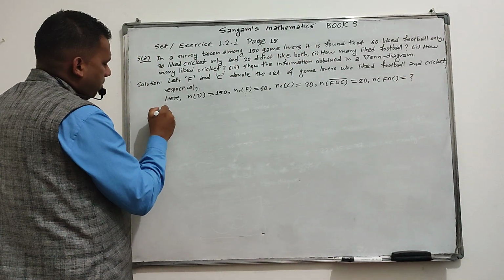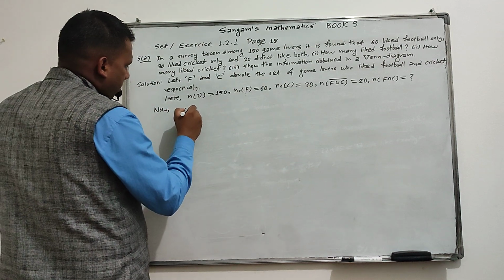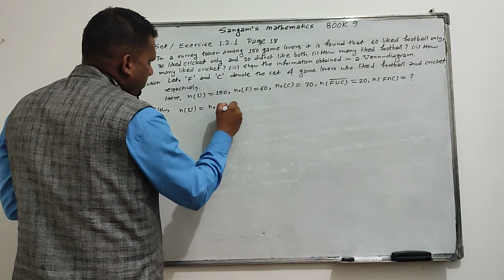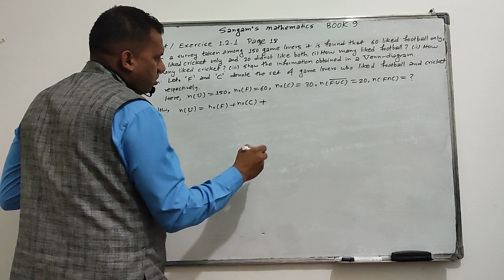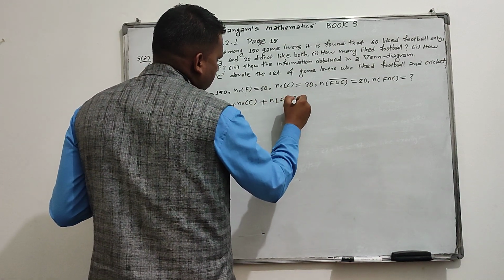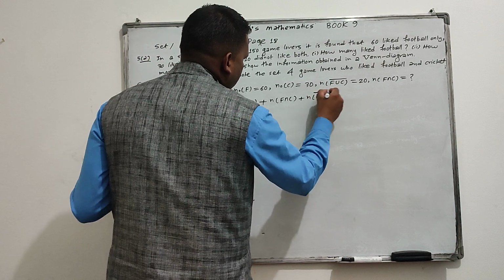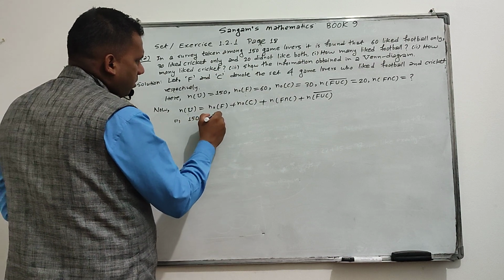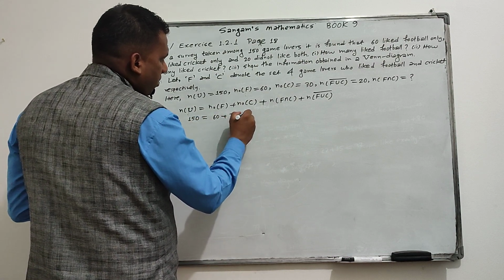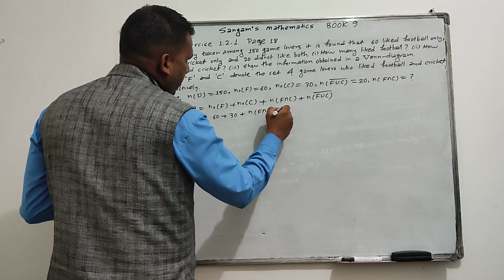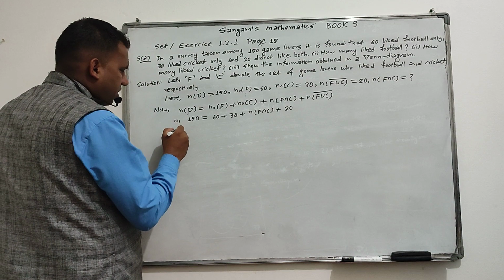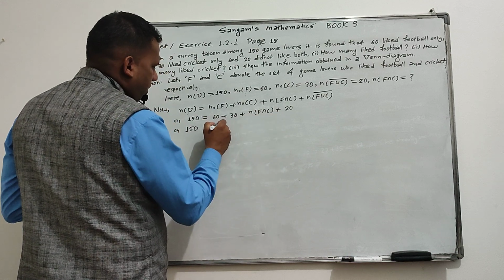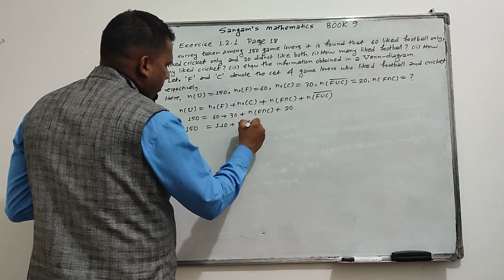Now, using formula, n(U) equal to n(only F) plus n(only C) plus n(F intersection C) plus n((F union C) whole complement), or 150 equal to 60 plus 30 plus n(F intersection C) plus 20, or 150 equal to 60 plus 30, 90 plus 20, 110 plus n(F intersection C).